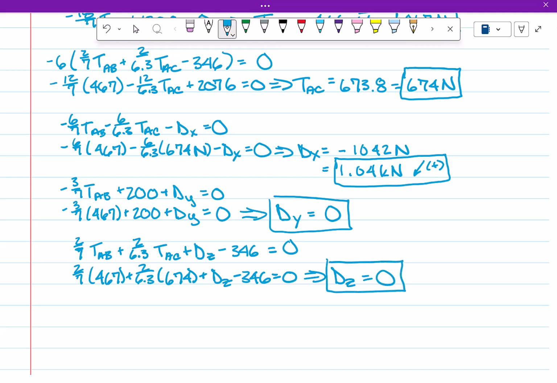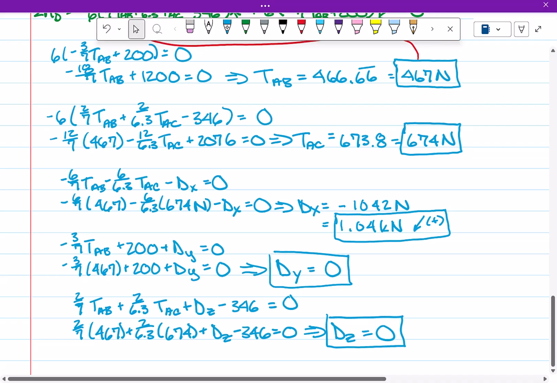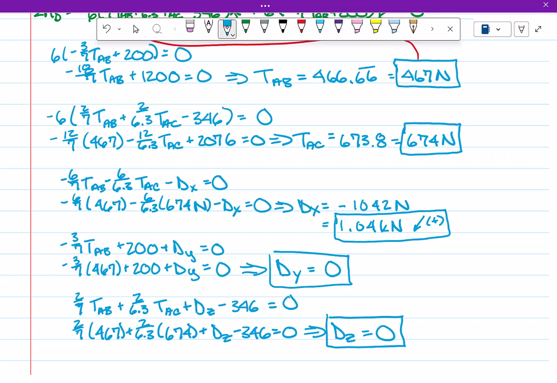But in this case, one thing that I left off, which I always remind, is that the tension in AB, while it's in the negative direction, it's in tension. So it's actually positive because it's in tension. Clearly, this is also positive in tension. So I believe I mentioned that.